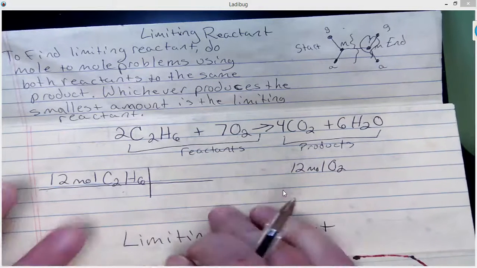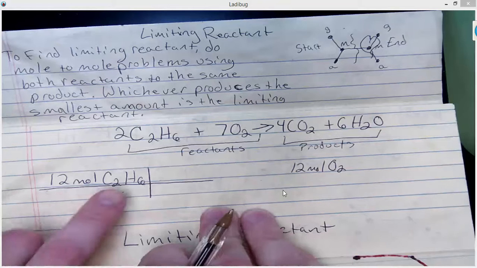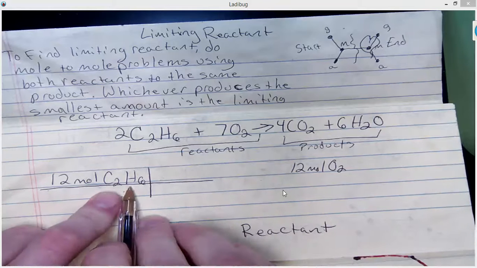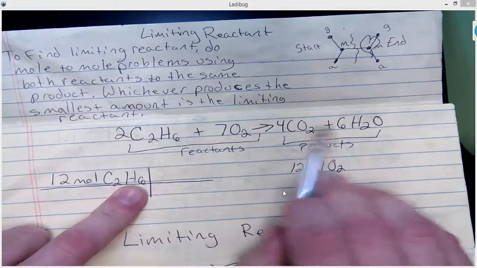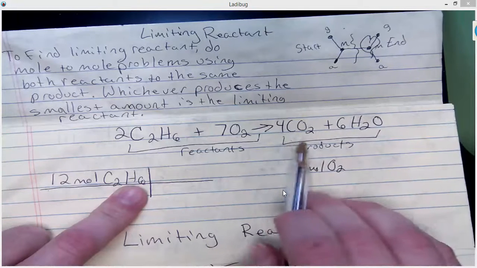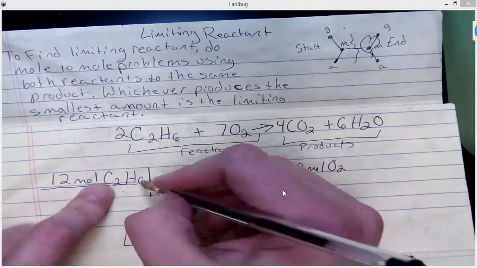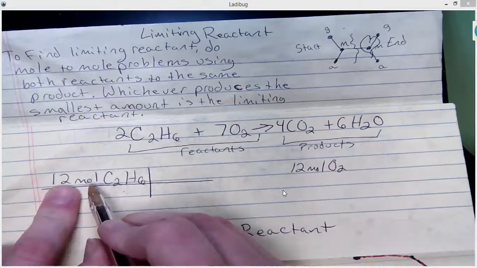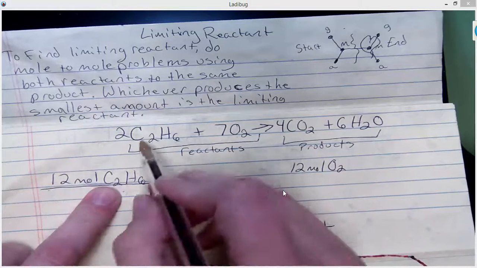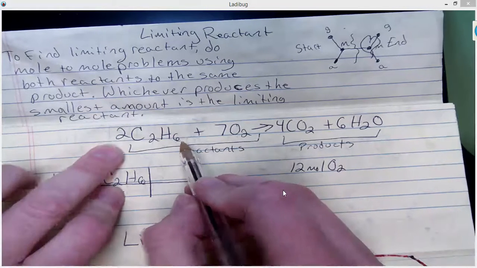Now we're going to do mole to mole problems for both of these, and we're going to use one of these products, and we'll just take the CO2. We'll see which one has the smallest amount, which one is the limiting reagent. So we're going to go from moles of C2H6 to moles of CO2.